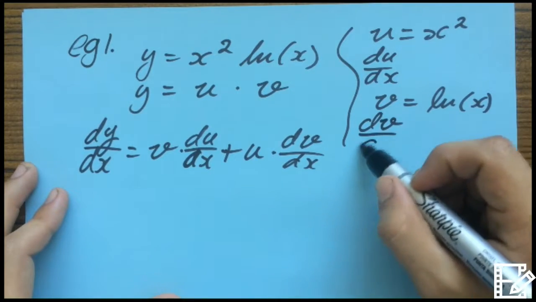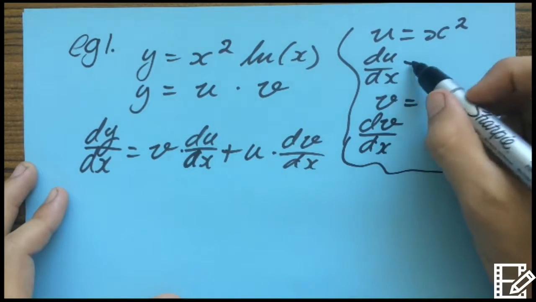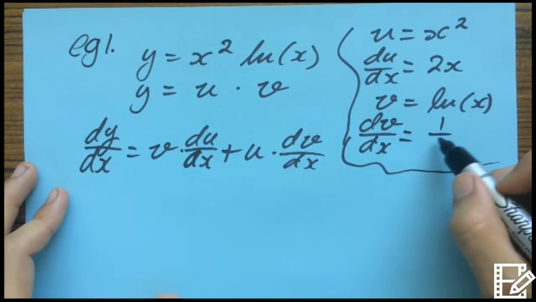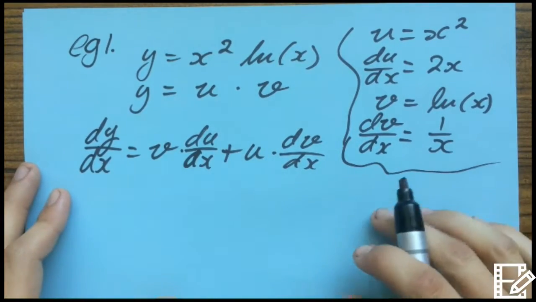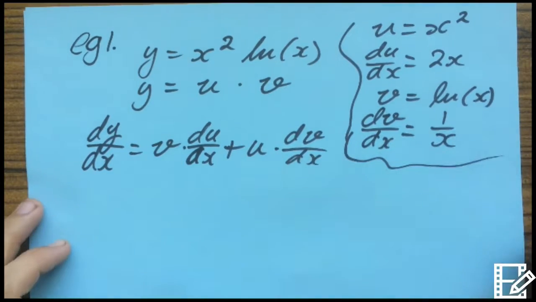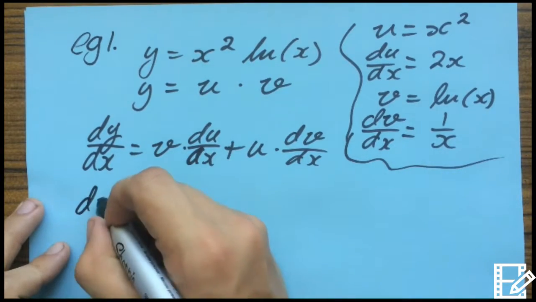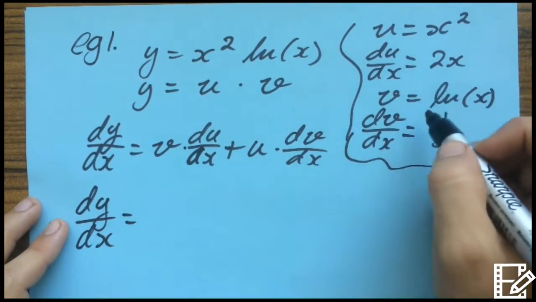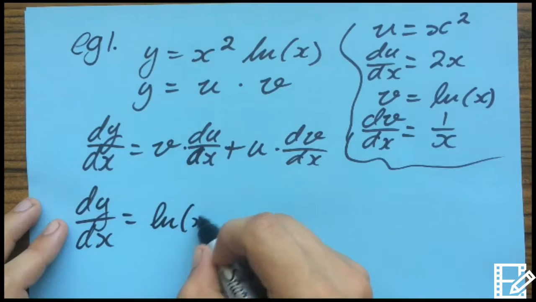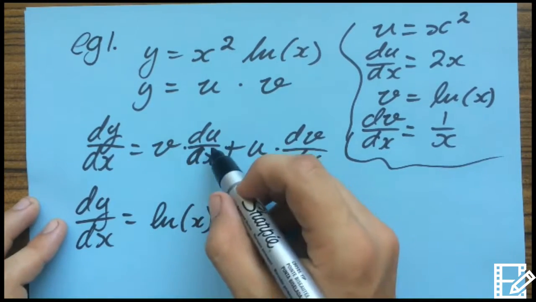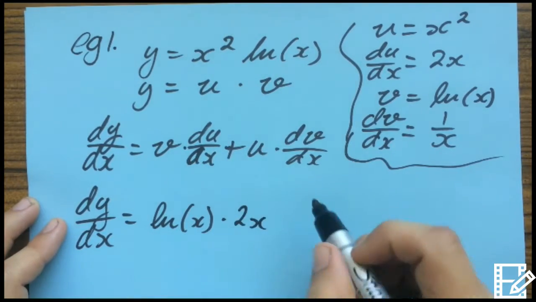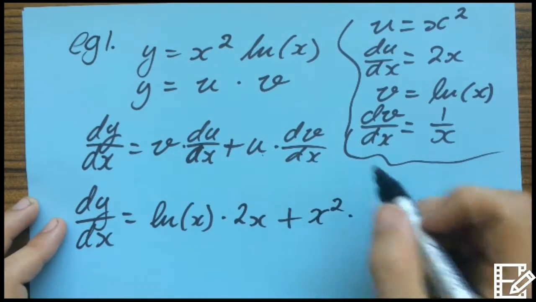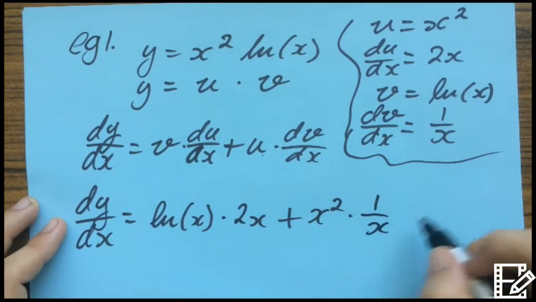So, the derivative of x squared is 2x, and the derivative of ln x is 1 over x, as shown before. Okay, so we fill this in. We have dy over dx equals v, ln x, multiplied by the derivative of u, 2x, plus u, x squared, multiplied by the derivative of v, 1 over x.